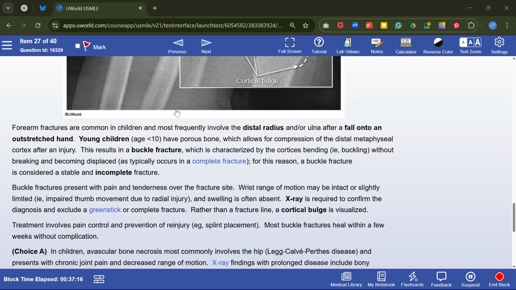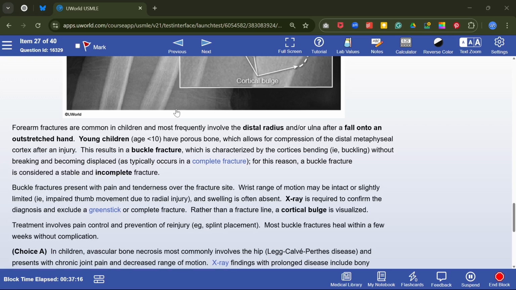Wrist range of motion may be intact or slightly limited. Impaired thumb movement may occur due to radial injury, and swelling is often absent. X-ray is required to confirm the diagnosis and exclude a greenstick or complete fracture.